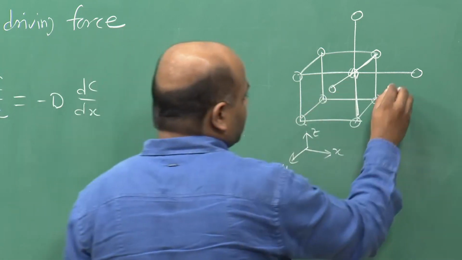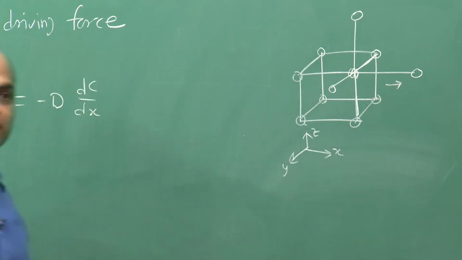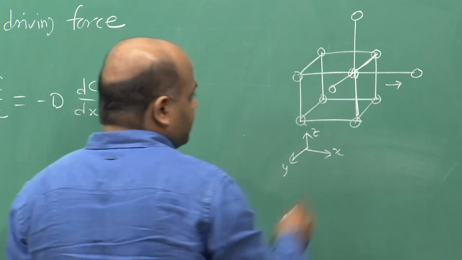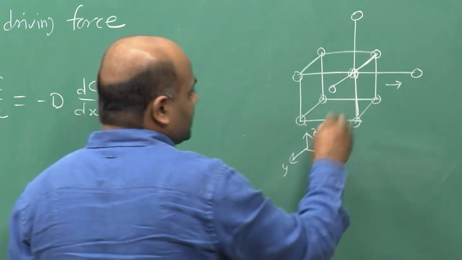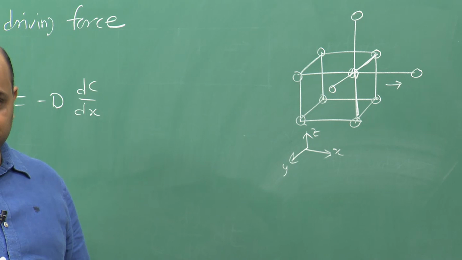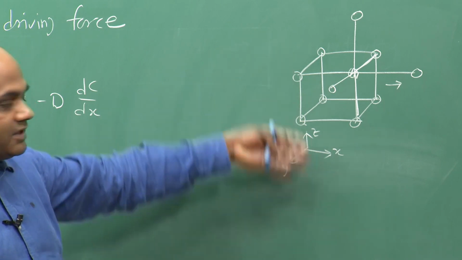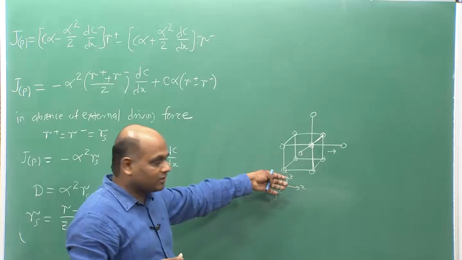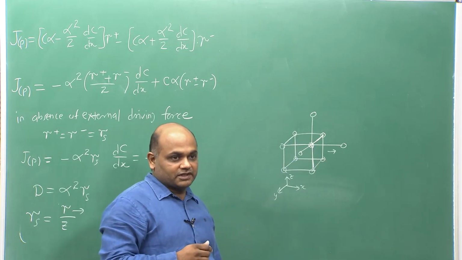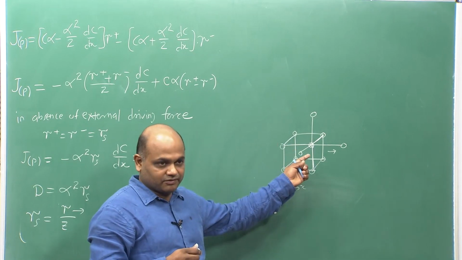So, if we consider plus x direction, if the diffusion is along plus x direction, then these 4 jumps are basically not giving any contribution, right, because they are within the plane itself, they are not giving any contribution in the plus x direction. We are considering a unidirectional diffusion.